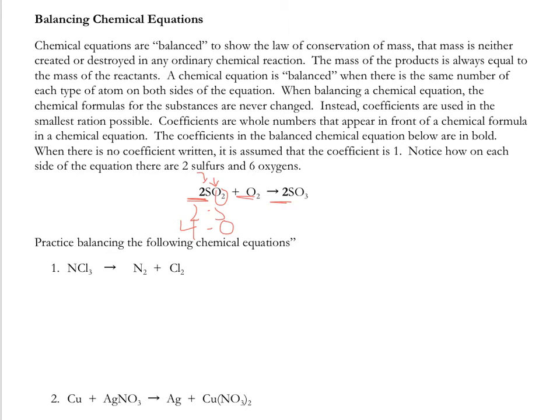On the reactant side, we have 4 oxygens in this compound and 2 oxygens here, so on the left-hand side of the equation, there are a total of 6 oxygens. Now we're going to take a look at some practice in balancing some of these chemical equations.